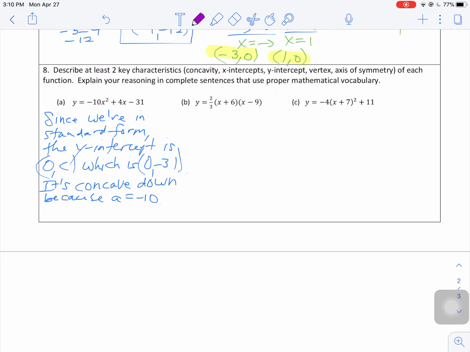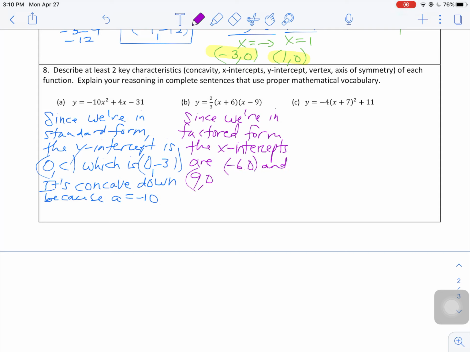For part B, we're in factored form. So since we're in factored form, the x-intercepts are negative 6, 0 and 9, 0.